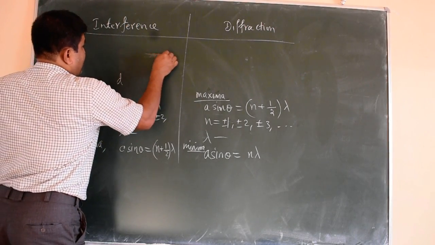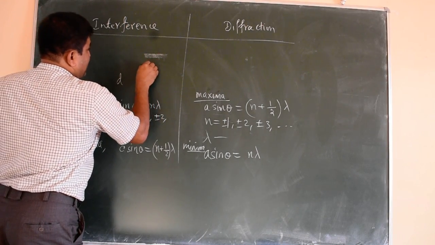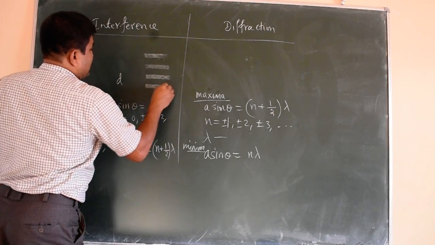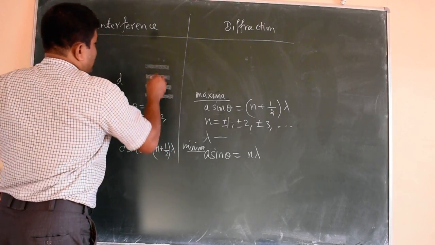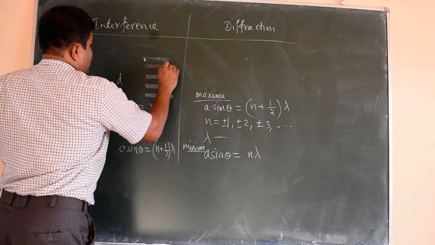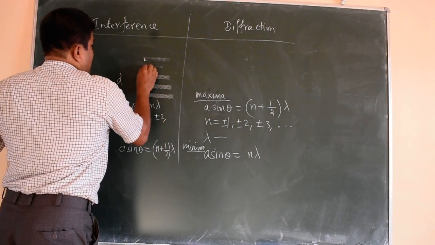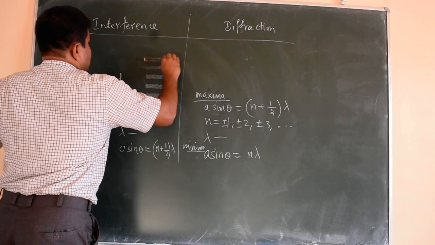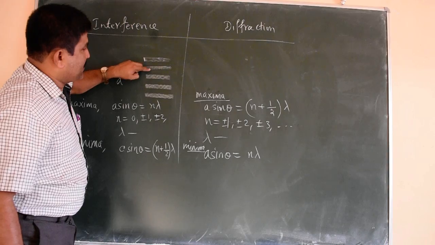See, this is the bright region and there is a dark region, then dark, bright, like this, alternating, with equal width actually. All the bright fringes have equal width, all the dark fringes have equal width.